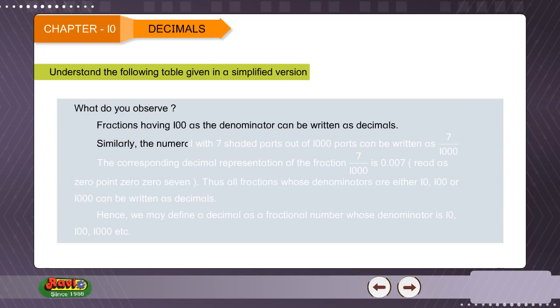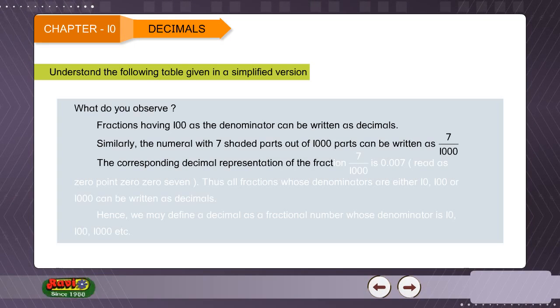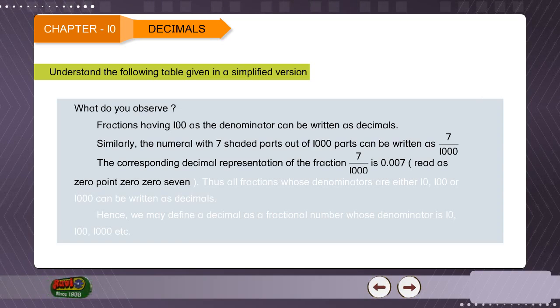Similarly, the numeral with 7 shaded parts out of 1000 parts can be written as 7 by 1000. The corresponding decimal representation of the fraction 7 by 1000 is 0.007.